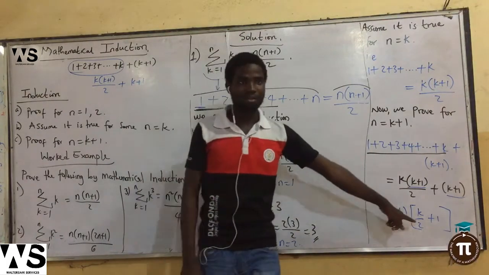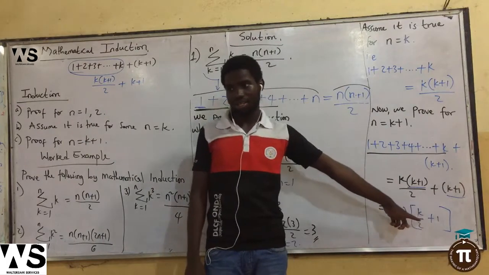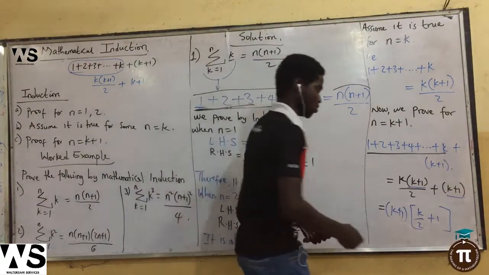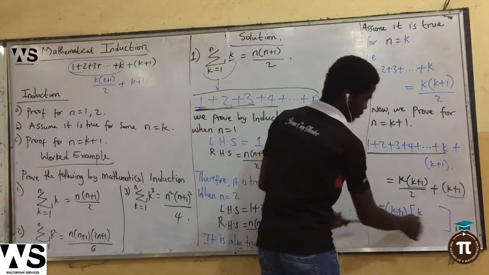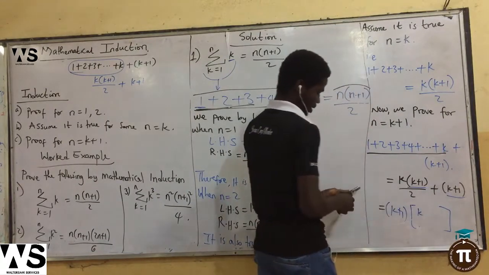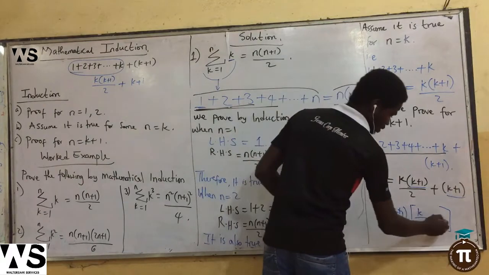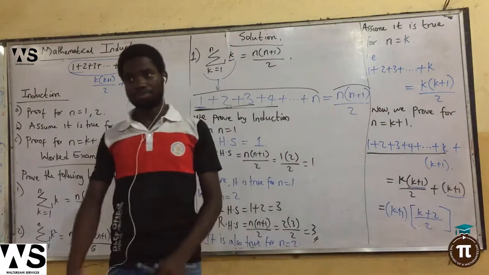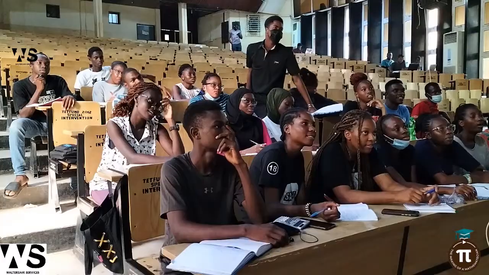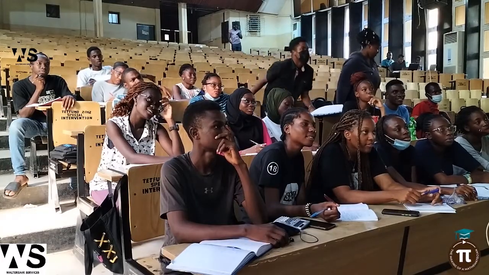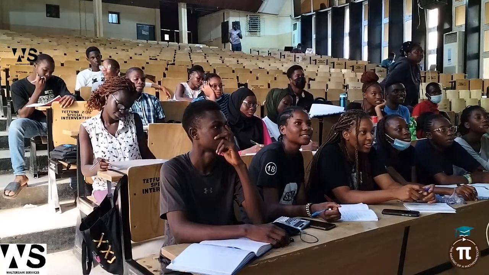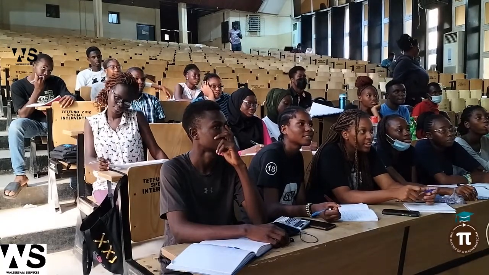Now, find the LCM here. What's the LCM here? The LCM is 2. So I have k plus 1.